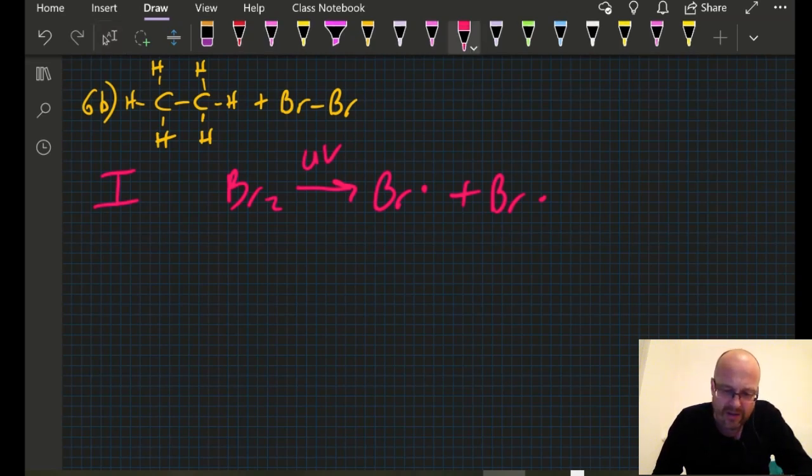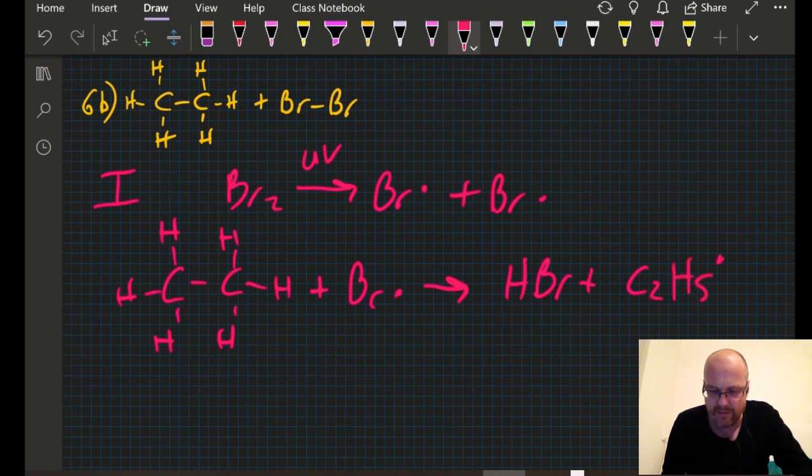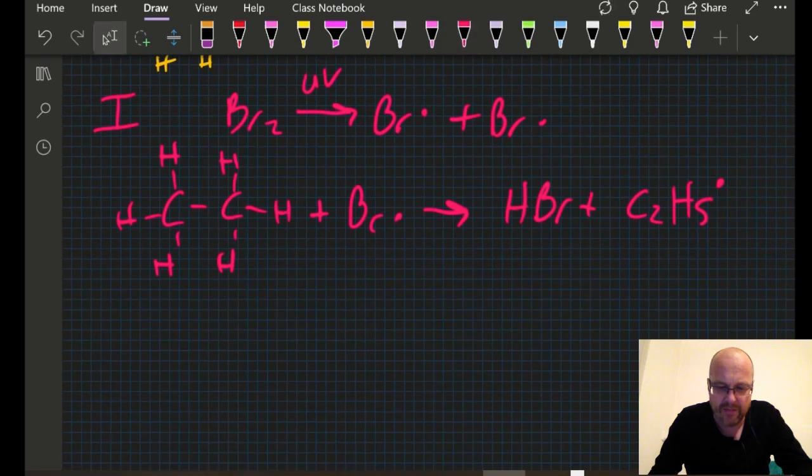So I've got my ethane. What else am I going to do with the ethane? It has to be with a Br dot, isn't it? There's nothing else going on. I can't make an H dot, but what I can do is make HBr, and then I can make this C2H5 dot. There we go. That's a propagation step.